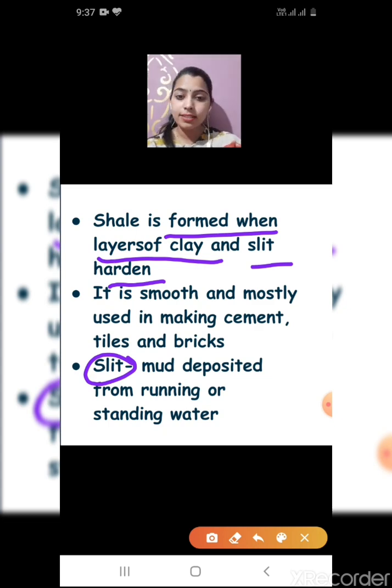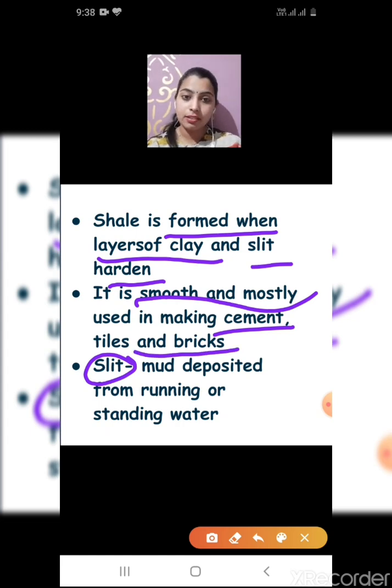It is a kind of mud which is deposited from running water or standing water. It is smooth and mostly used in making cements, tiles and bricks.